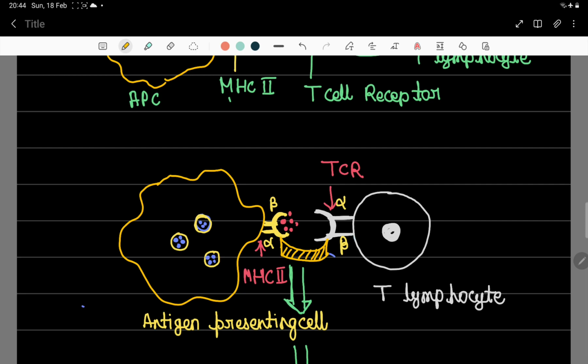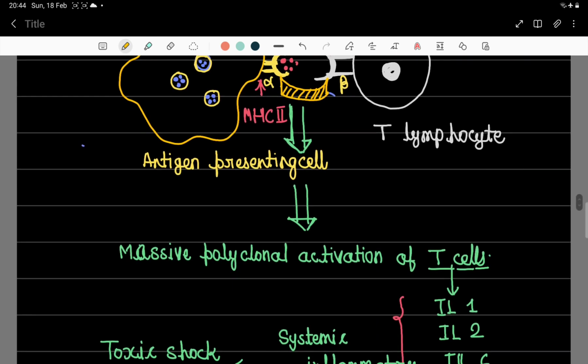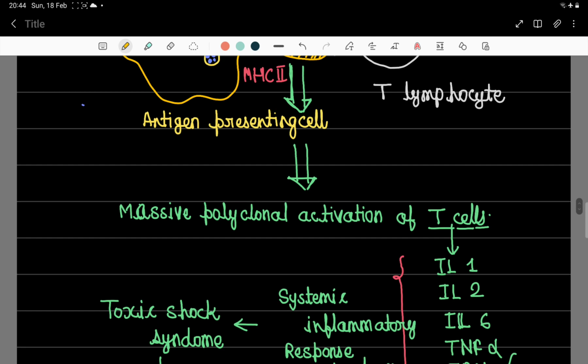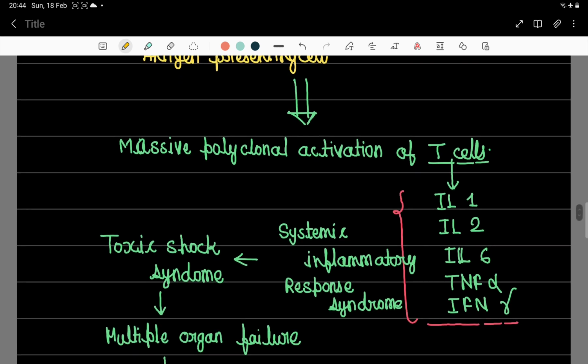The binding itself is not a problem, but this binding will create a big chaos. It will cause activation of massive polyclonal T lymphocytes. It will cause proliferation of a lot of T lymphocytes, and all those T lymphocytes will be non-specific. Because of the proliferation of a lot of T lymphocytes, a lot of different kinds of interleukins will be activated: interleukin 1, interleukin 2, interleukin 6, tumor necrosis factor alpha, and interferon gamma.